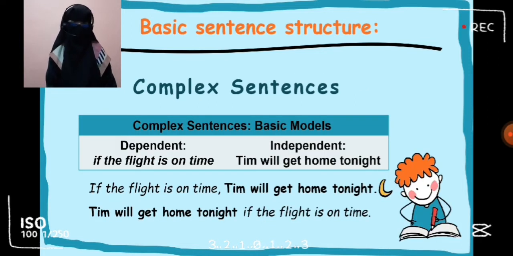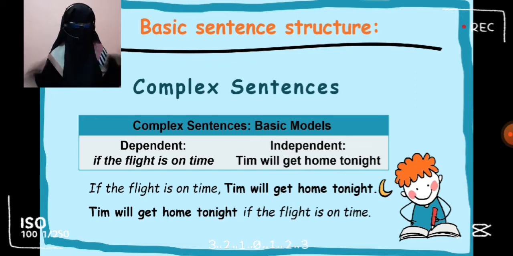Alright, here's an example. We have our dependent clause: if the flight is on time. Notice, like I said previously, that this does not communicate a complete idea. We need more information. If we say, if the flight is on time, what happens?